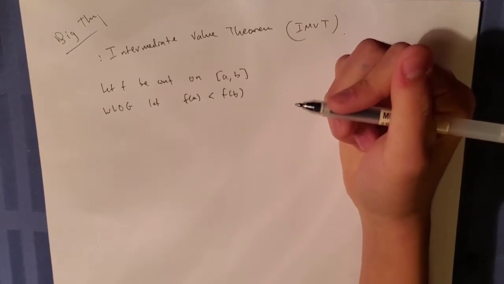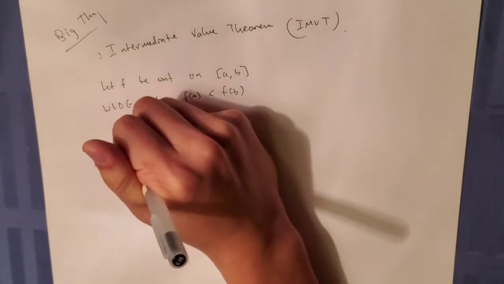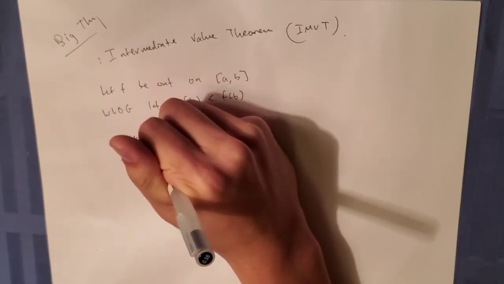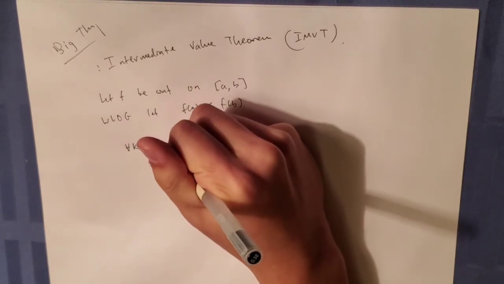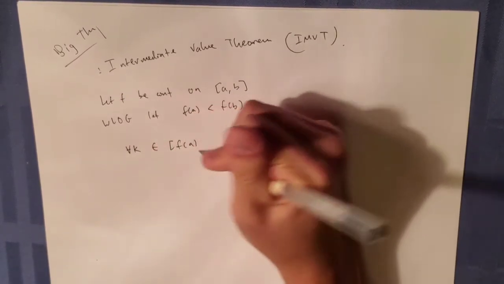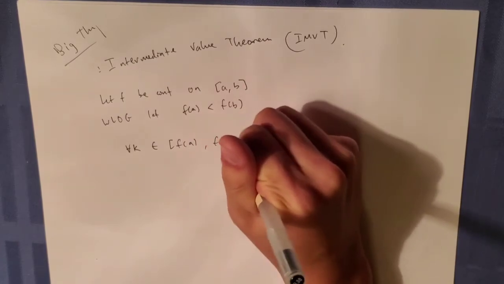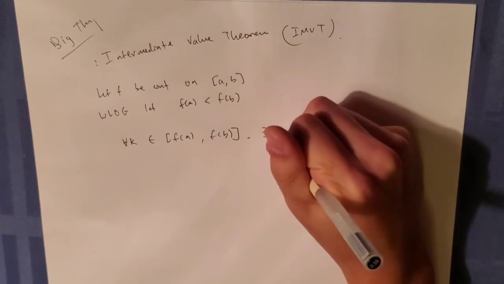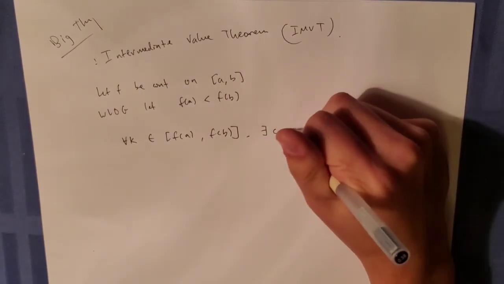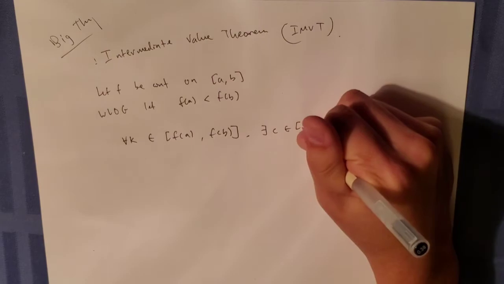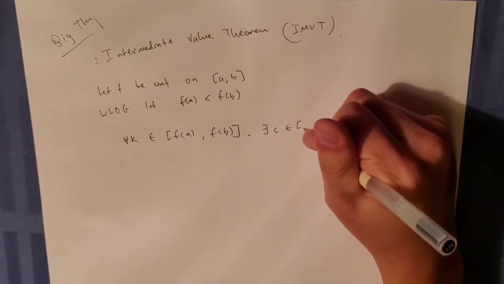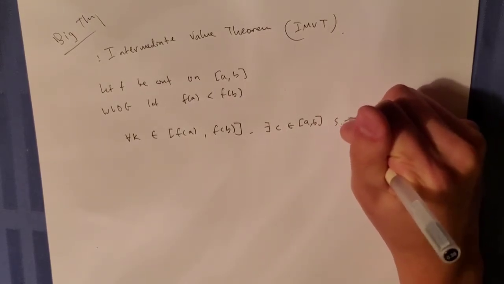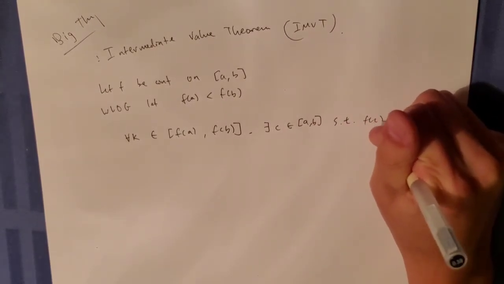So the intermediate value theorem states that for any k in the closed interval f of a, f of b, there exists a c in the interval a, b such that f of c equals k.